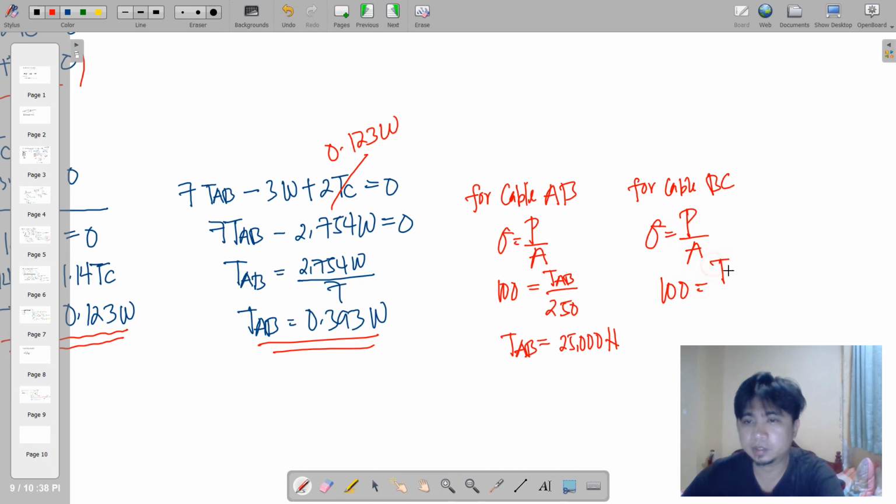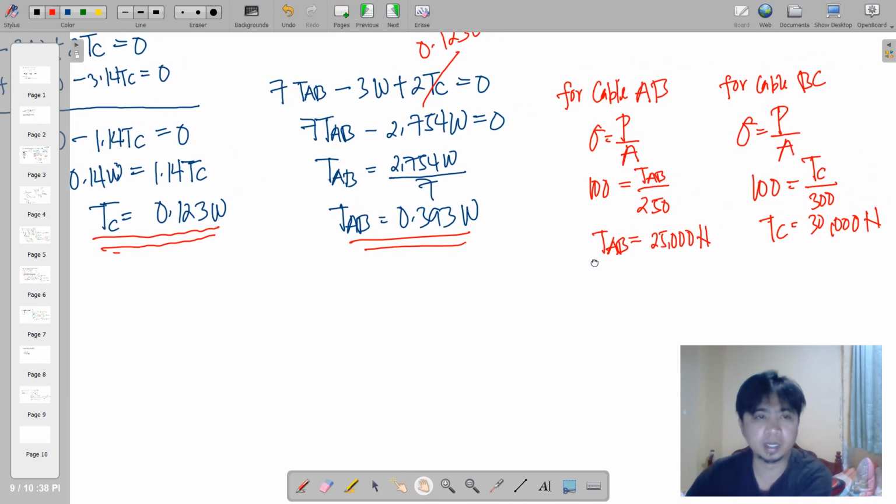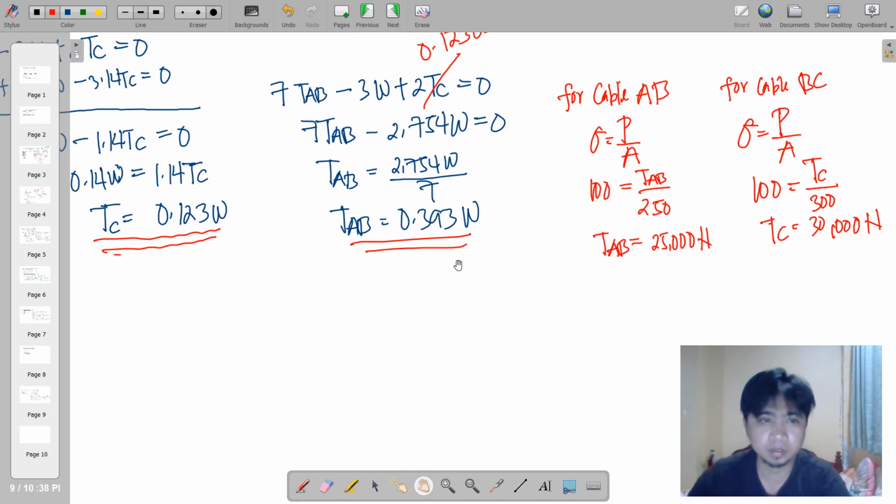Say this is tension at C, and the cross-sectional area is 300. So tension at C is actually 30,000 Newton.